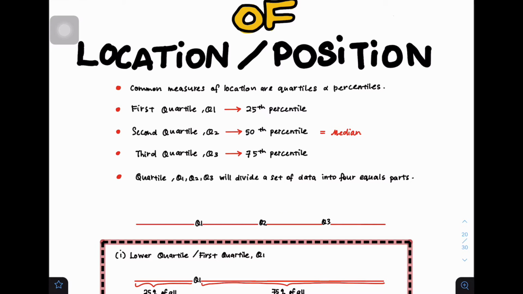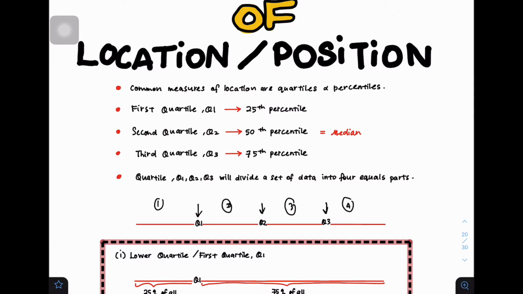Quartile ni adalah point yang membahagi kita punya data kepada 4 bahagian. This one is the first part, the second part, the third part, and the fourth part. Quartile ini membahagi kita punya data set kepada 4 part yang sama besar.